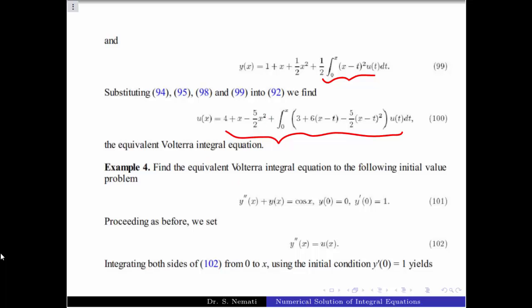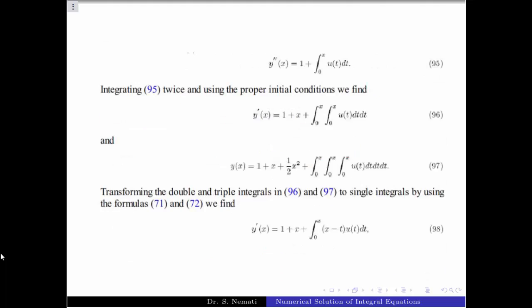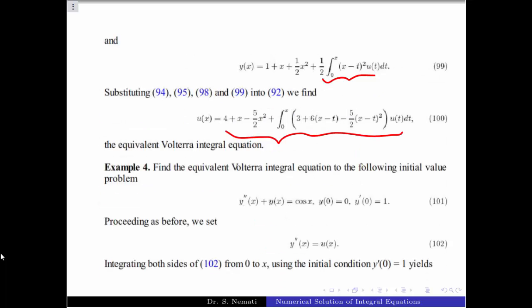Please compare this equation with the general one, with the coefficients p, q, r, and also the known function g, special for this example.